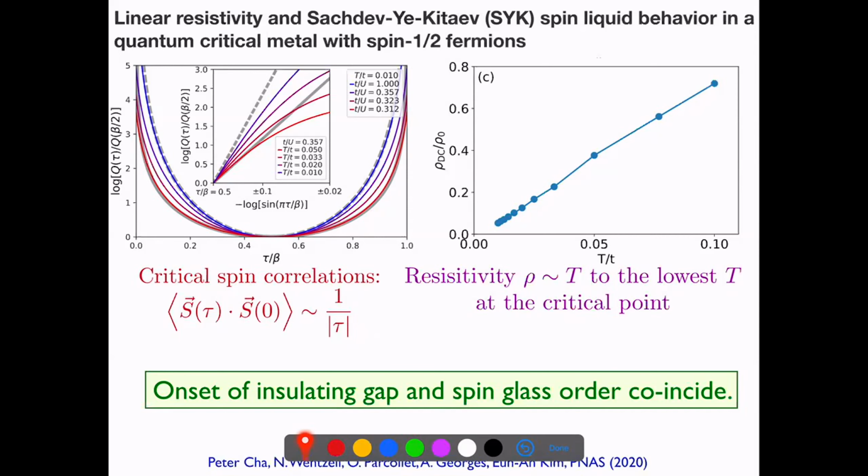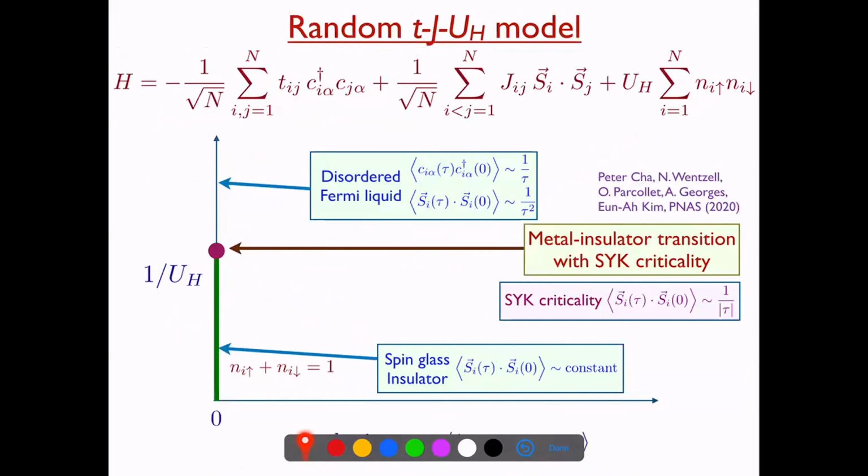And another remarkable feature is that, as you go from here to here, there are 2 things happening at this critical point. Here you have a metal where the spin correlations decay to 0, so it's not a spin glass. Here you have an insulator where the spin correlations go to a constant, so you have spin glass order. And in between, you have this novel critical point that's going to be the focus of my talk.